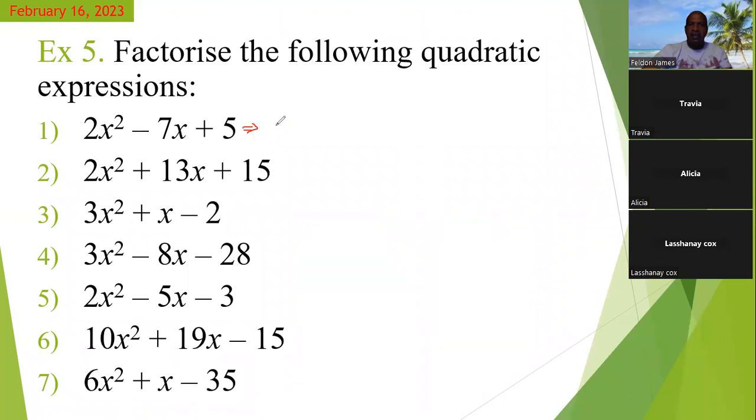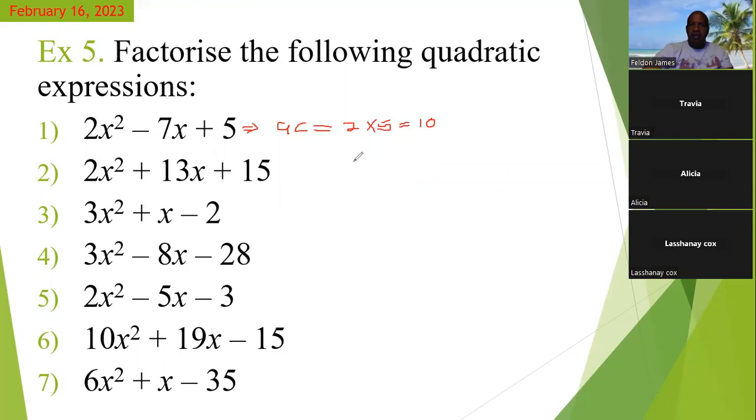So AC is actually equal to 2 times 5 equals 10. And so what we want is 2 factors of 10, 2 numbers that multiply to give you 10. When you add them, you get -7.